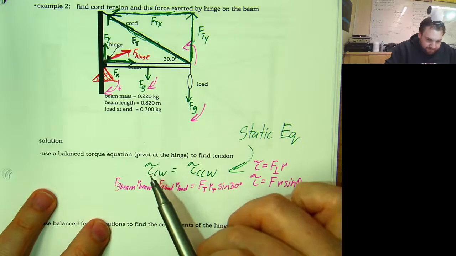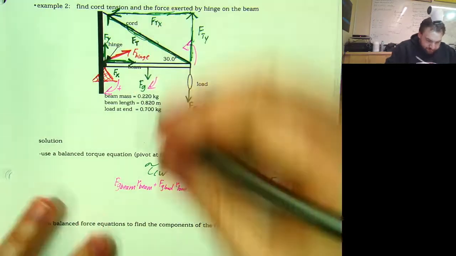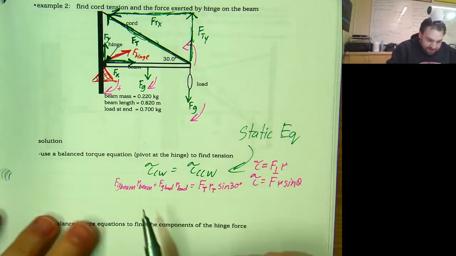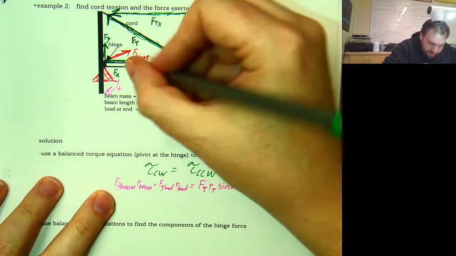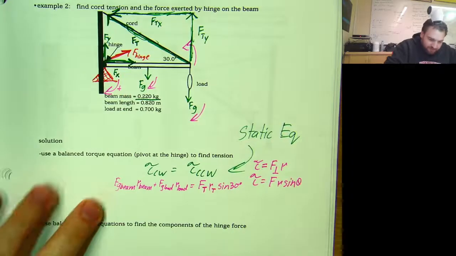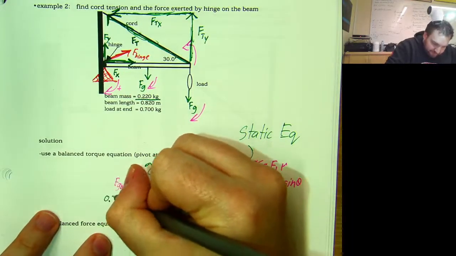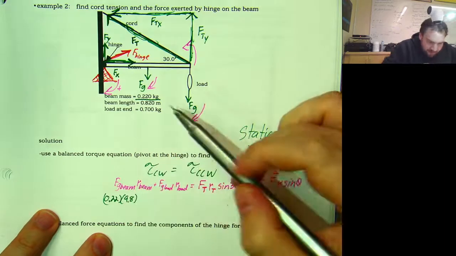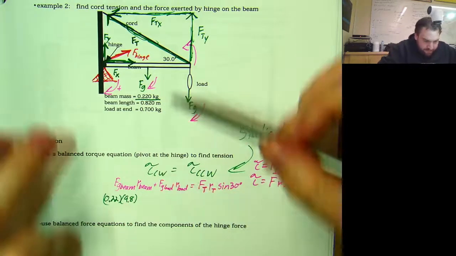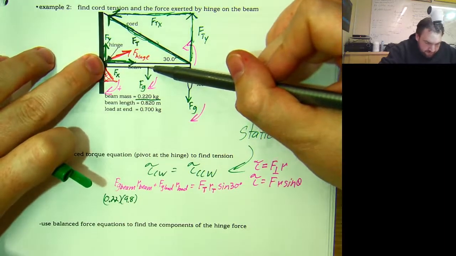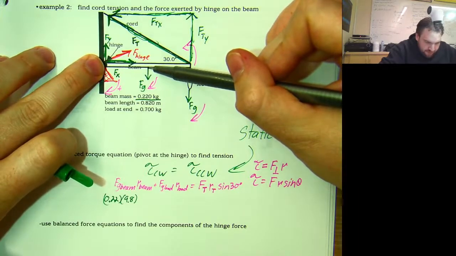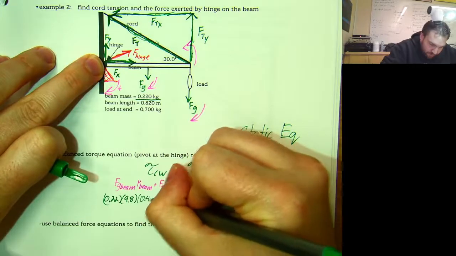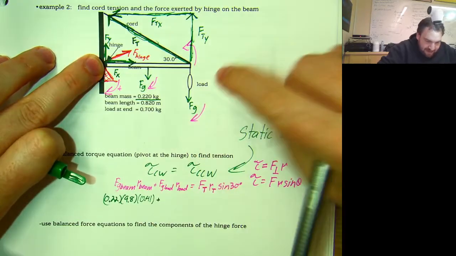I can fill some stuff in here. FG beam: we know the mass of the beam is 0.22, so the FG of the beam is going to be 0.22 times 9.8. The distance from the middle to the pivot, the total length is 0.82, so that's going to be 0.41 plus FG load.